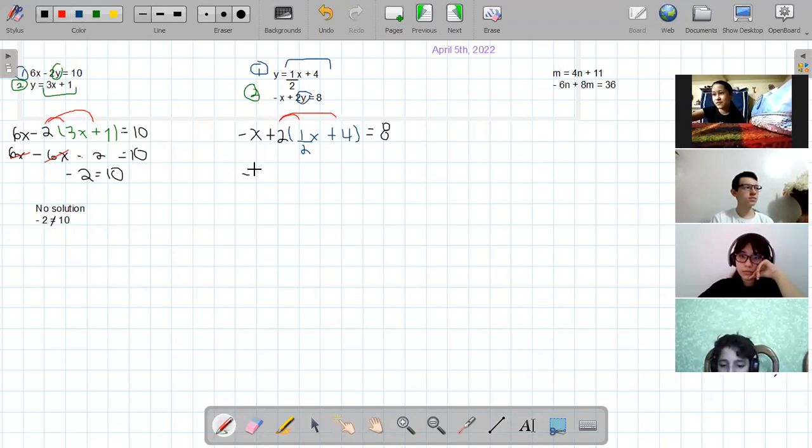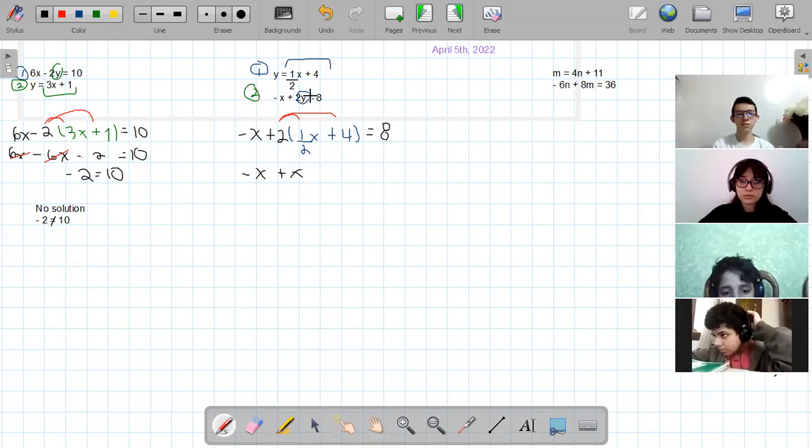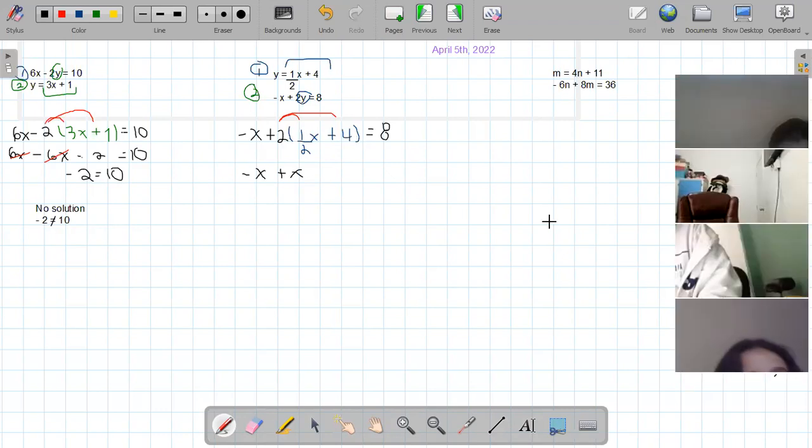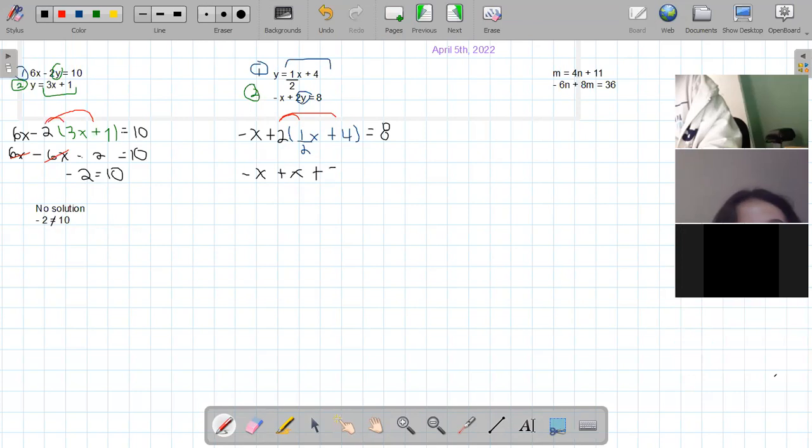And we get negative x, 2 times 1/2, 2 halves. That means 2 over 2. And 2 over 2 is equal to what? 1. And do I write a coefficient 1? No, right? So I just place plus x. Then 2 times 4, 8. So plus 8, and that is equal to 8.